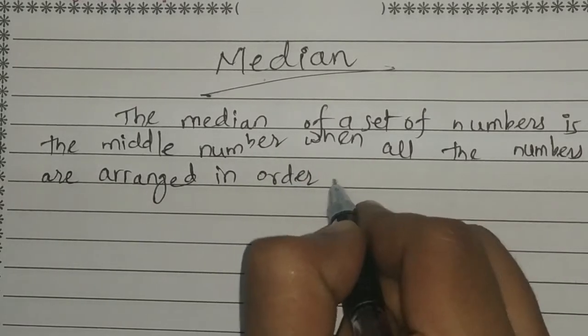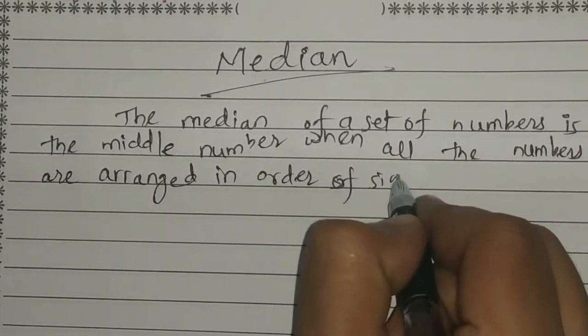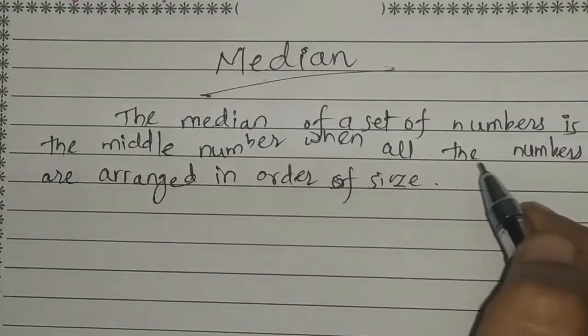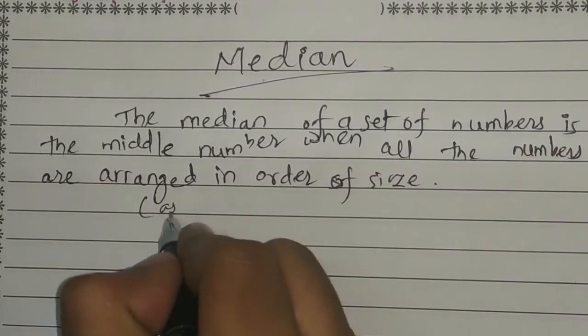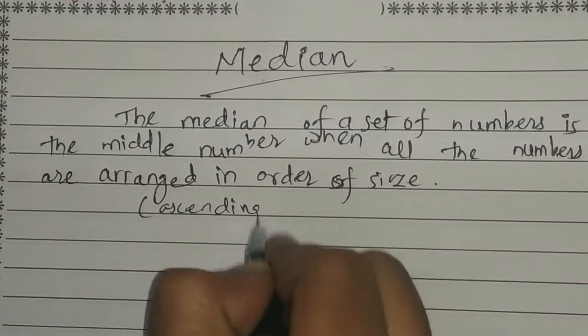That order can be ascending order or a descending order. So that is, you can say that arrangement can be in ascending or a descending order.